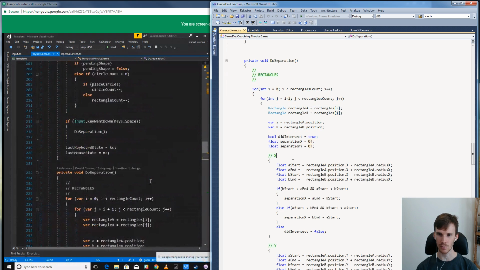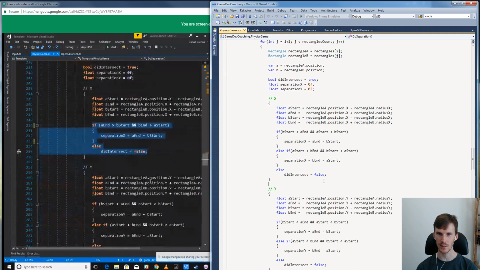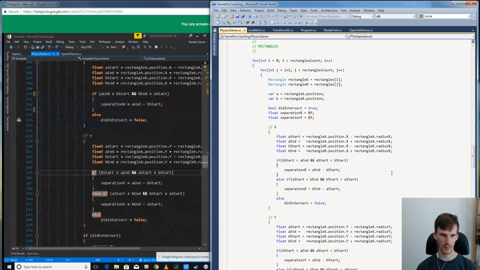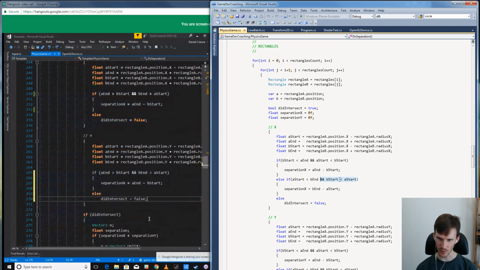So we've got rectangles, we've got an x-axis, and we've got a y-axis. We kind of have something similar to that going on, but it's not quite correct.